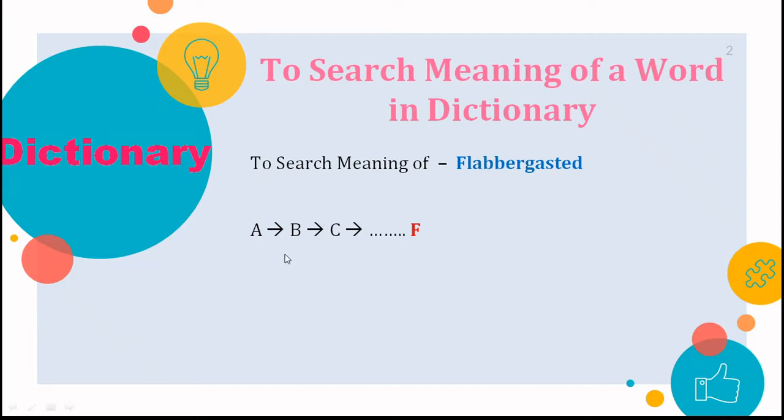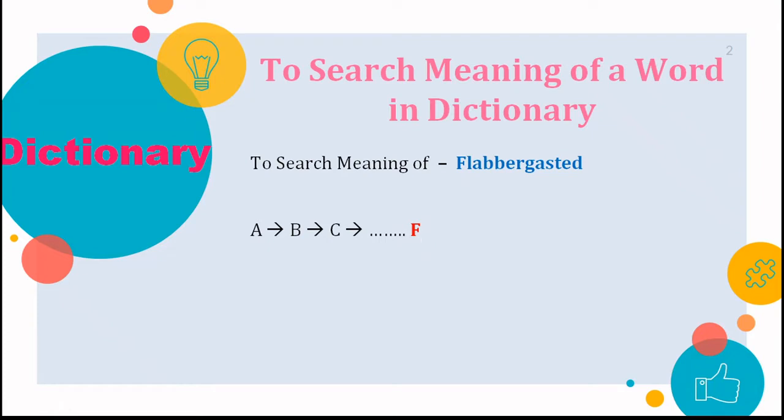We have different sections there, so we will directly go to the section where we have F. The first letter of the word is F, so we directly go to the page in the dictionary where F is located, and you can find that from the index page of the dictionary.